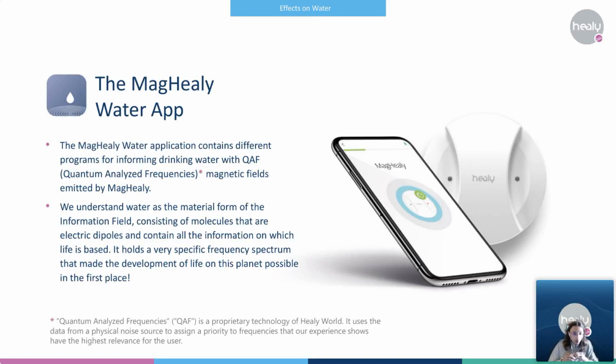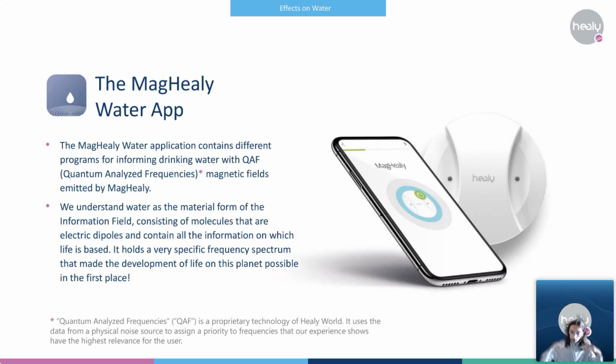Okay, what do we also have? Of course, the water application is to inform your drinking water with QAF, quantum analyzed frequencies. Those are quite complex programs which contain some frequencies and, of course, quantum analyzed frequencies. And of course, we understand that water is the material form of the information field.